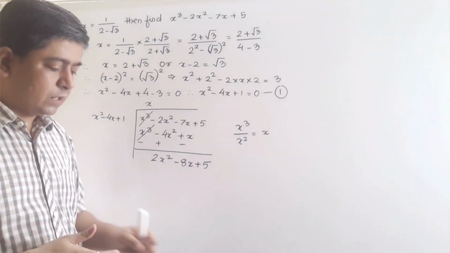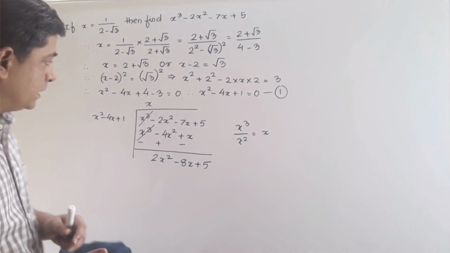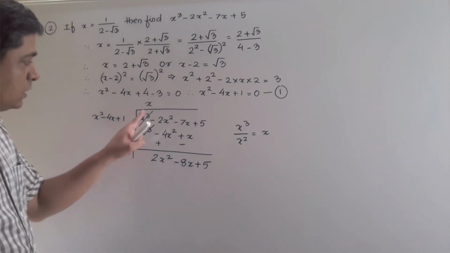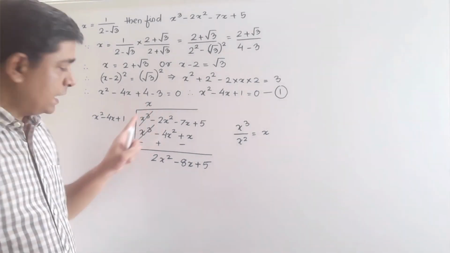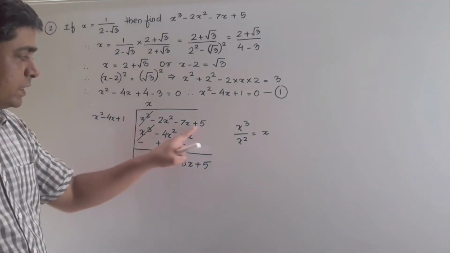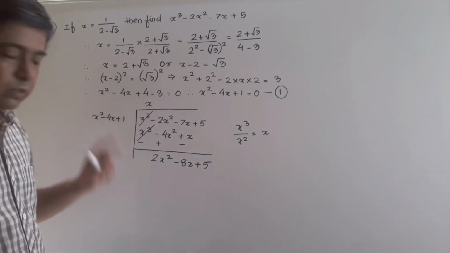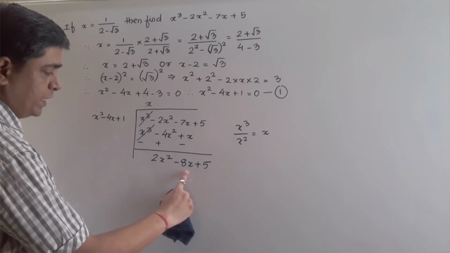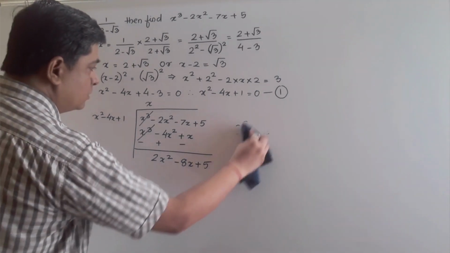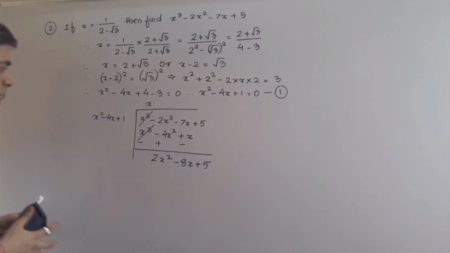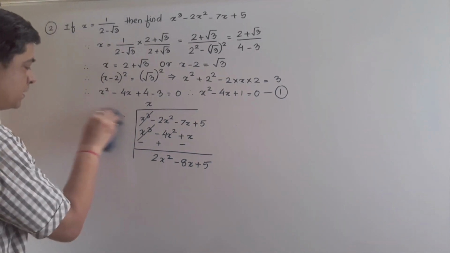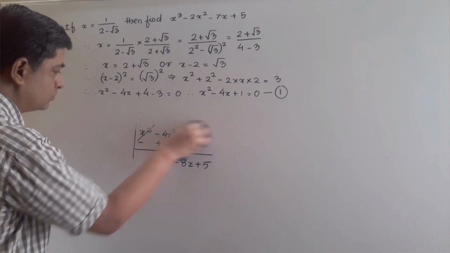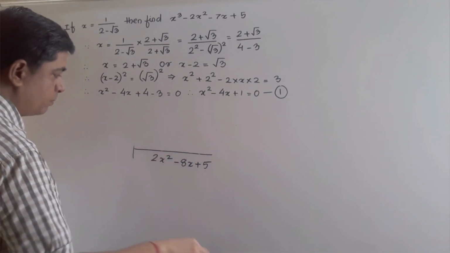Let us see further how we can write down the required things. Now remember, I got the quotient here as x, my dividend is this given term and the divisor is this particular term. And this is my remainder, 2x square minus 8x plus 5. So let me write down these things first. I am keeping the remainder as it is to copy first.